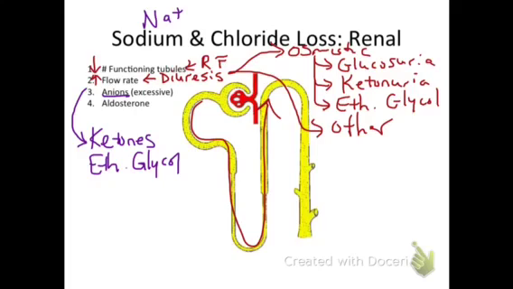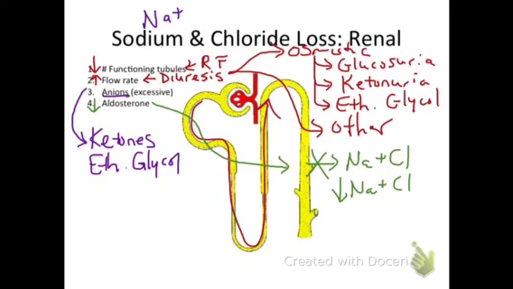Hypoadrenocorticism causes sodium and chloride renal loss due to a low aldosterone activity. Aldosterone normally acts on the kidneys to increase sodium and chloride resorption, so its absence would lead to less sodium and chloride resorption from the ultrafiltrate.